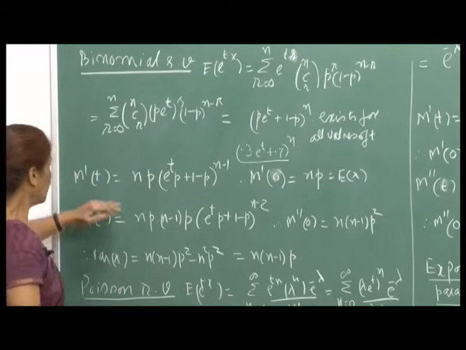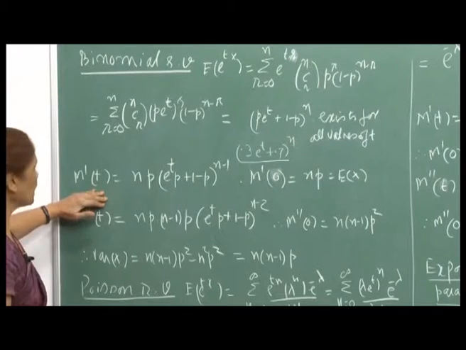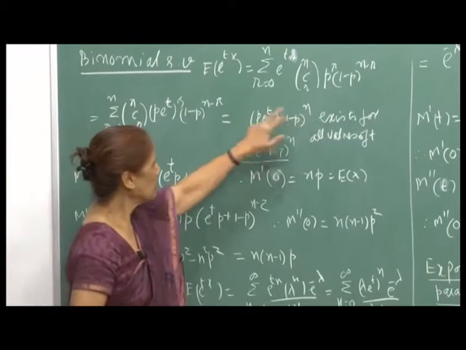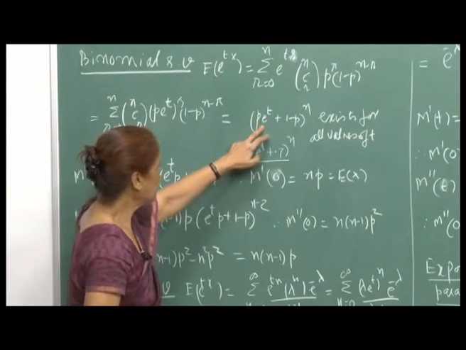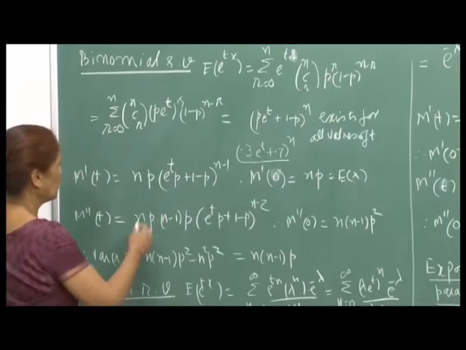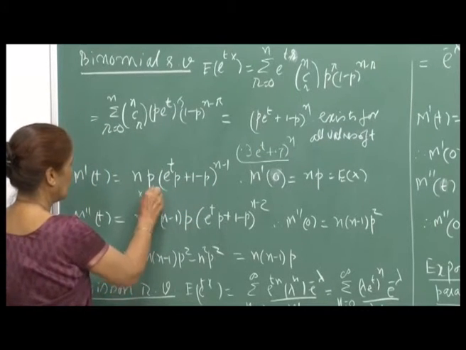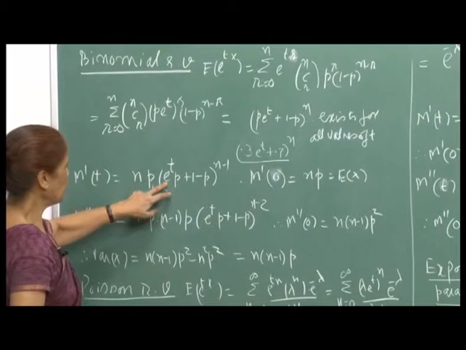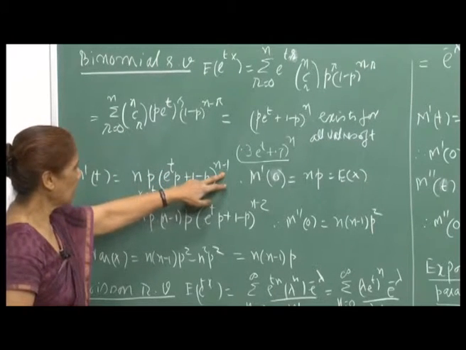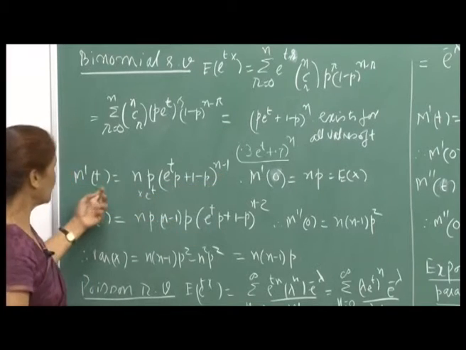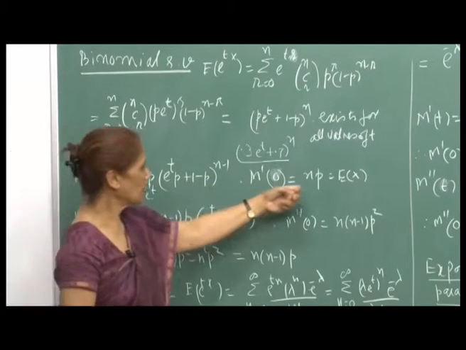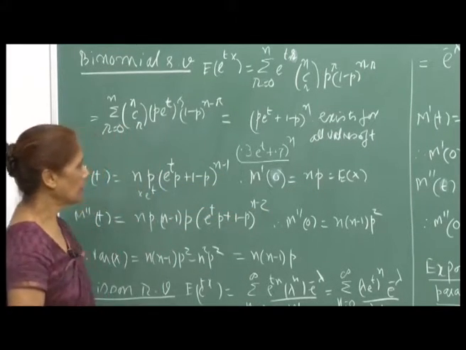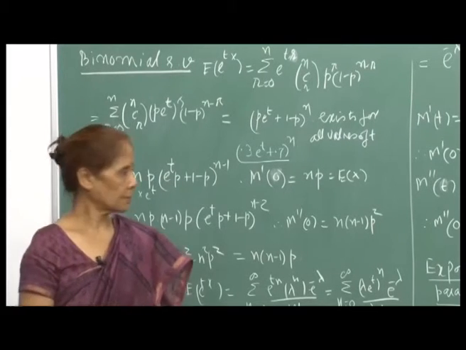And if you differentiate this expression once, then from here it will be n, derivative of this is p e raised to t, I should have said here e raised to t, right, n p e raised to t, then (p e raised to t plus 1 minus p) raised to n minus 1. And so, at t equal to 0, this number reduces to n p, which is the expectation of x, right.